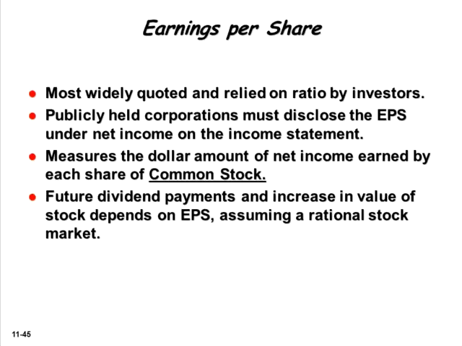Future dividend payments and an increase in the value of stock depend on earnings per share, assuming a rational stock market. So basically what we're saying is that there should be a direct relationship between trends in earnings per share and future dividend payments and an increase in the value of the stock. Now I said assuming a rational stock market.